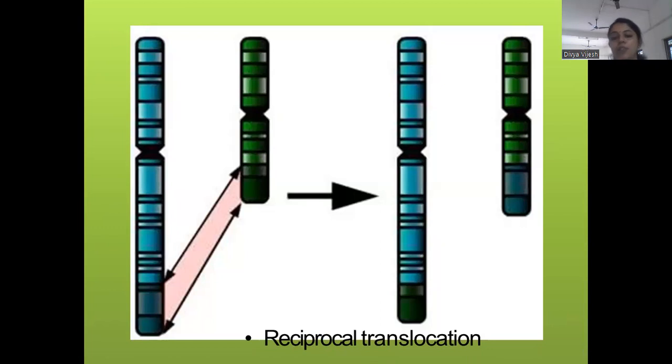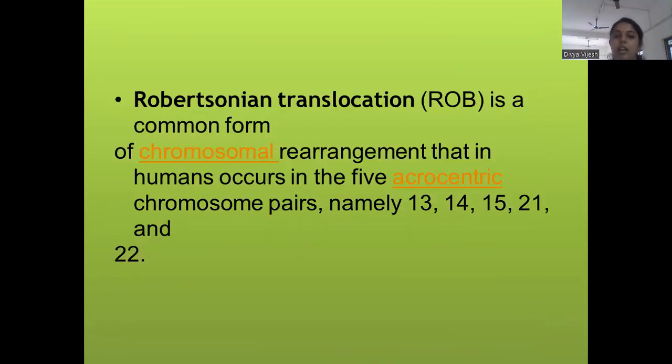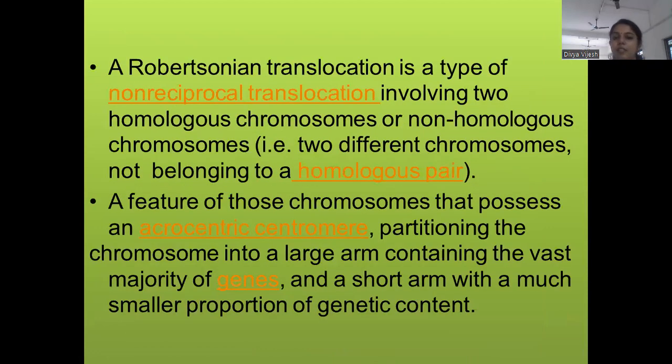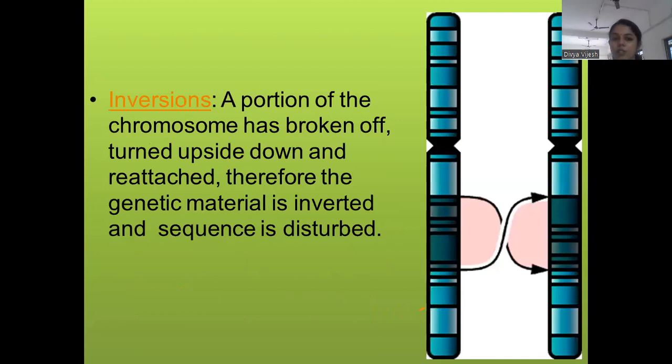So this is the reciprocal translocation. And Robertsonian translocation is a common form of chromosomal rearrangement that in humans occurs in the 5 acrocentric chromosome pairs. So it usually occurs in acrocentric chromosome pairs. So that is the reciprocal translocation and Robertsonian translocation.